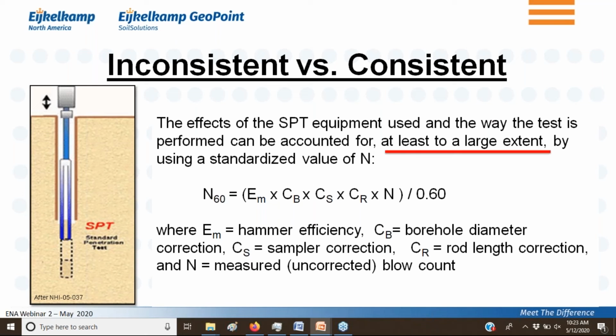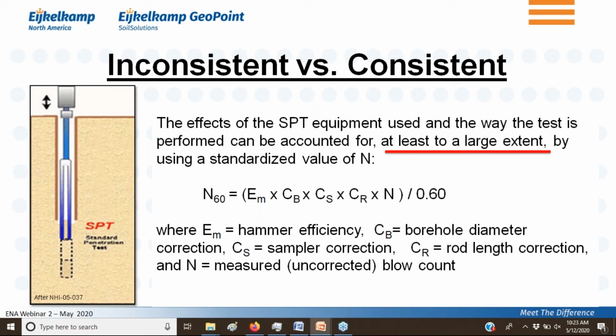And that, to a large extent, will correct for all those variances that you have, but not for all. There are other aspects in there that make it very hard to figure out what is really the standardized value.